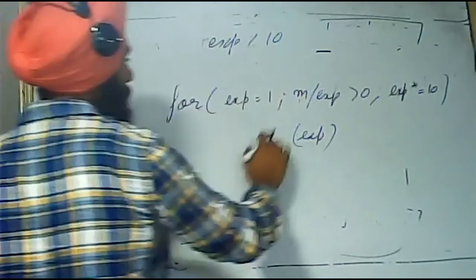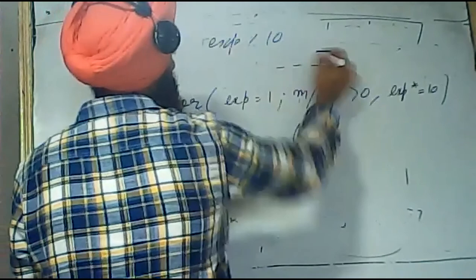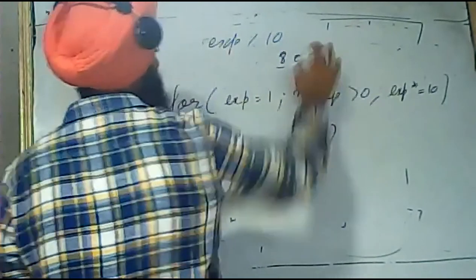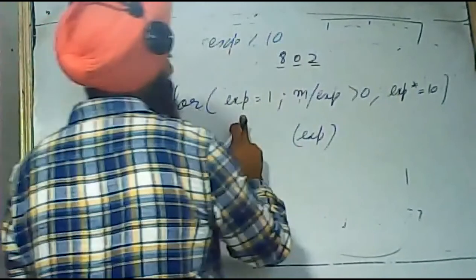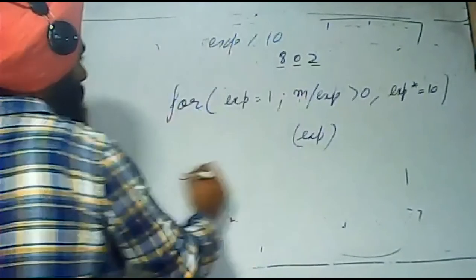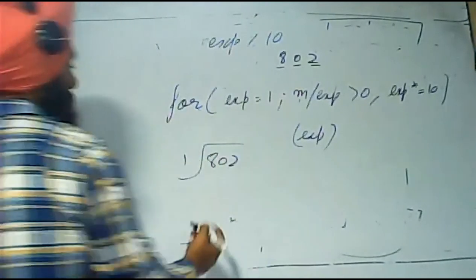But how will this run 3 times? Because we know our maximum element is of size 3, that is 802. Now it starts from 1 and we'll divide 802 with 1. So once we divide this 802 with 1, what will be the answer?